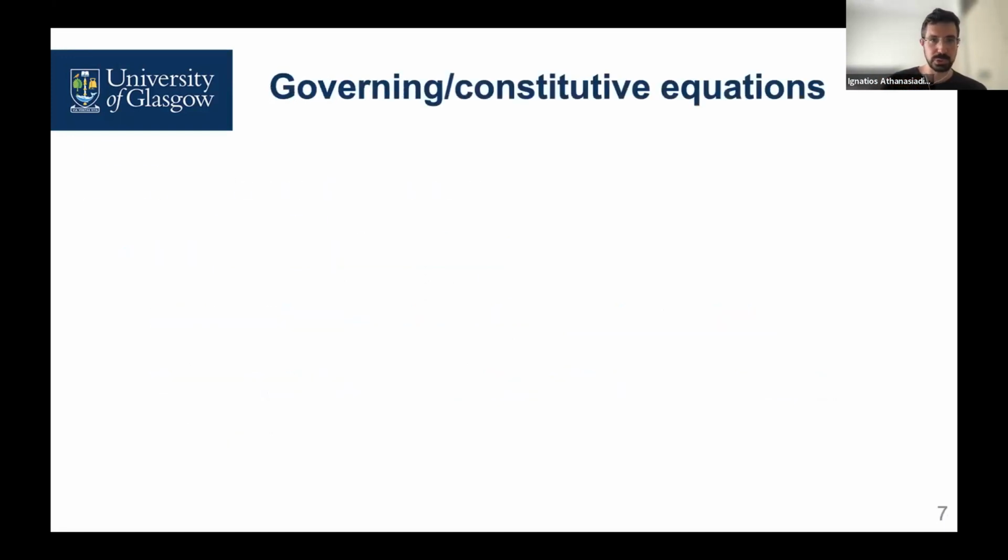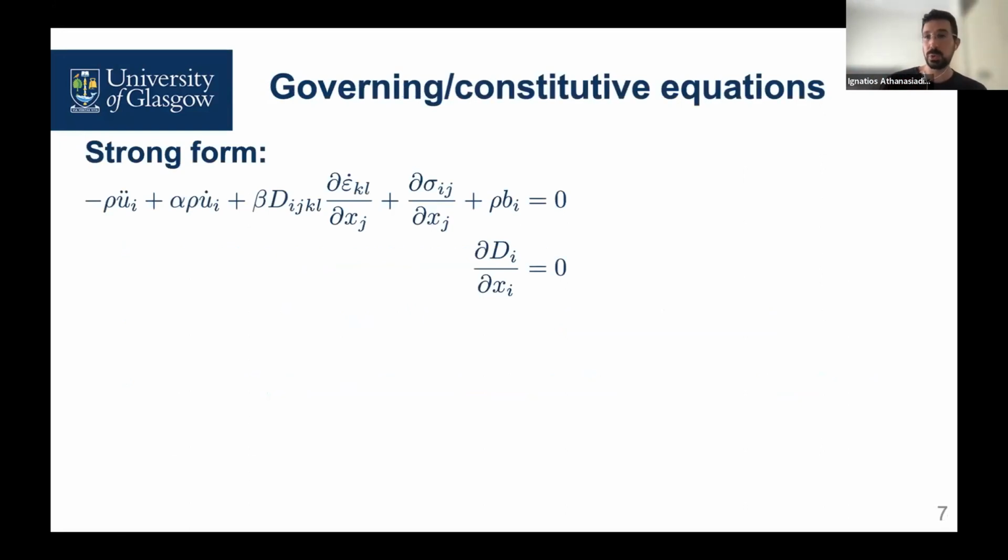So the problem we try to tackle is a coupled problem. In the first row, you can see the second order in time differential equation, first order in space. This is the conservation of linear momentum. And the second one is the Gauss law. So we try to fulfill both of them simultaneously.